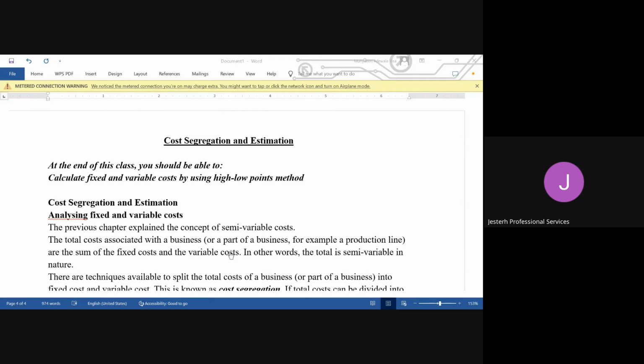As you can see on the screen, like I said on Friday, our last class, we'll be discussing the course regression and estimation. And then we'll be starting our first calculation today relating to cost segregation.